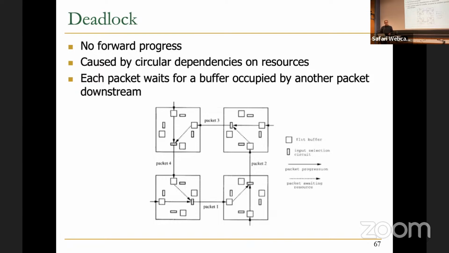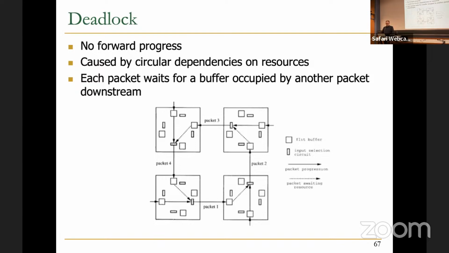Sometimes some of these topologies are, let's say, more susceptible to deadlock. Like mesh is not that susceptible. As long as your routing algorithm does not create cycles, you can make sure that you don't have deadlock. We're going to see. But XY, for example, is a deadlock-free routing algorithm.